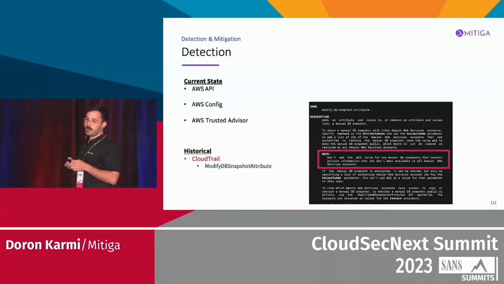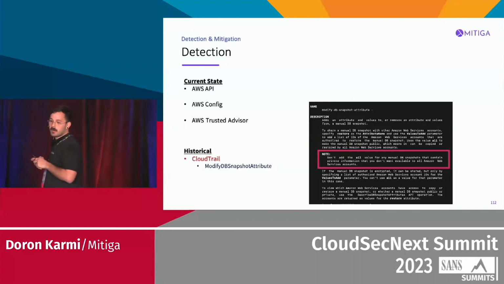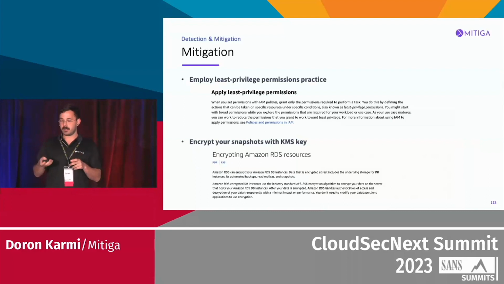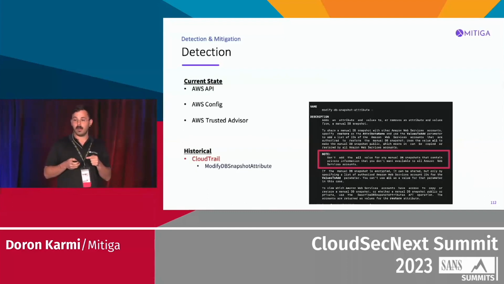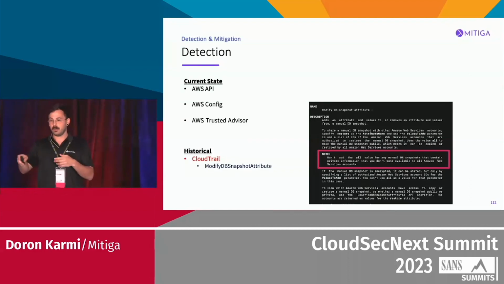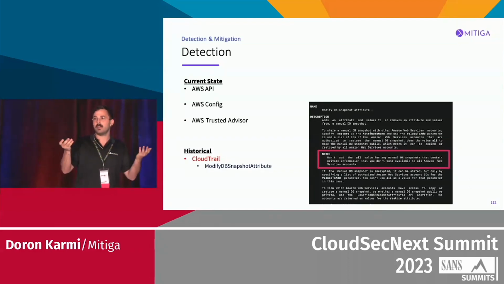In the documentation of ModifyDBSnapshotAttribute, we can see under the description a clear note that says do not add the all value for any manual DB snapshot because that contains private information, because you basically expose it to everyone.